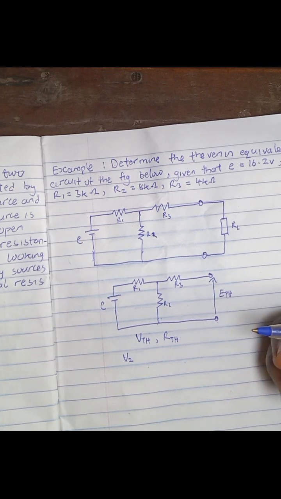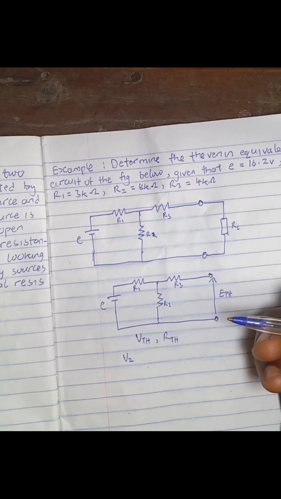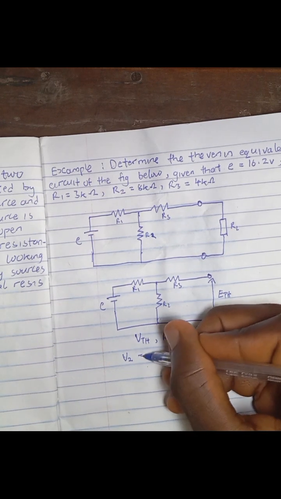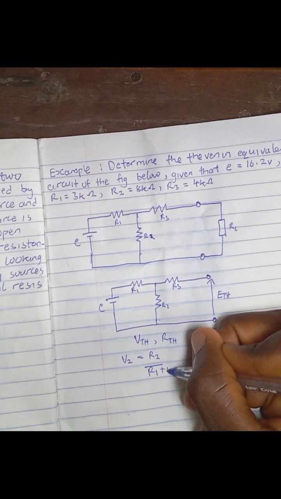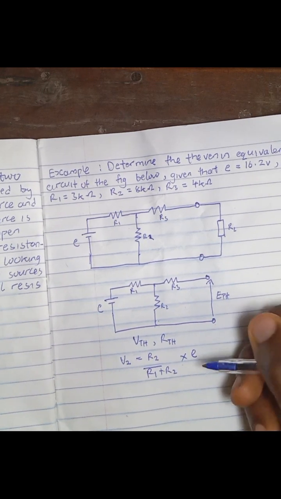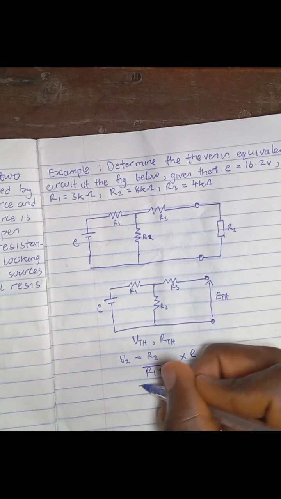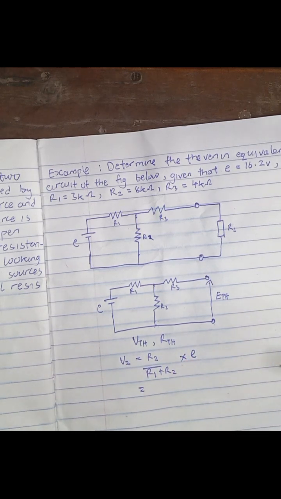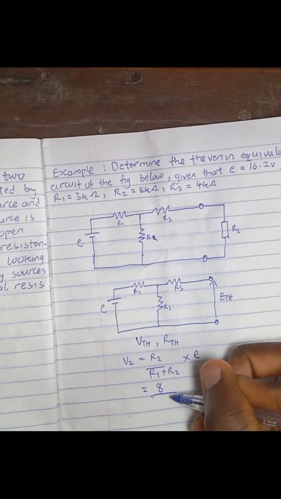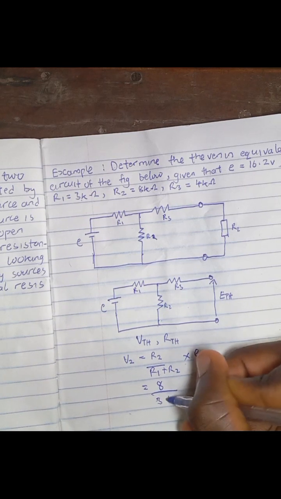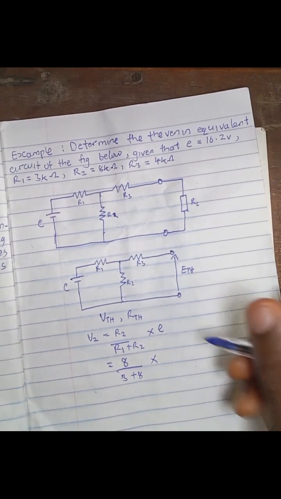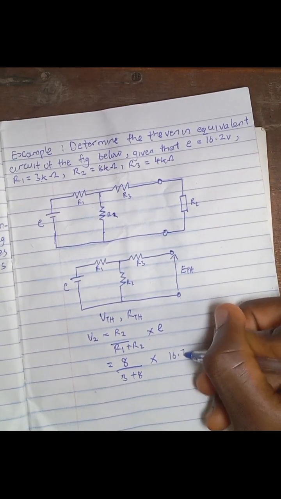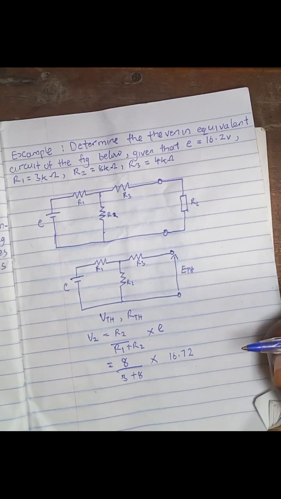Using voltage divider, we can say that V2 is equal to R2 over R1 plus R2 times E. So this is giving us R2 is 8 over R1 is 3 plus 8, times E is 16.72.